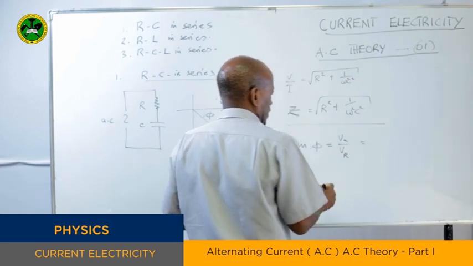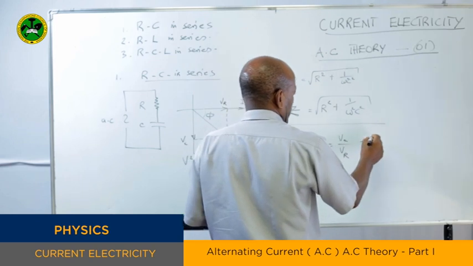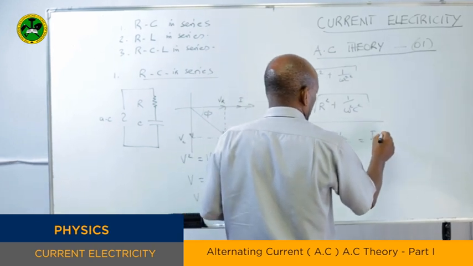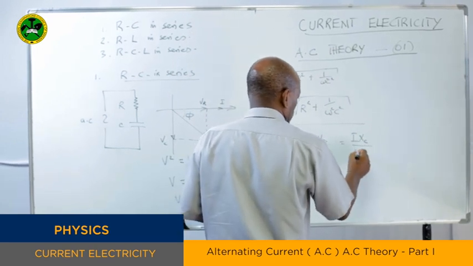And as we have already said, the voltage through a capacitor is equal to I times the capacitive reactance, and the voltage through a resistor is just IR.